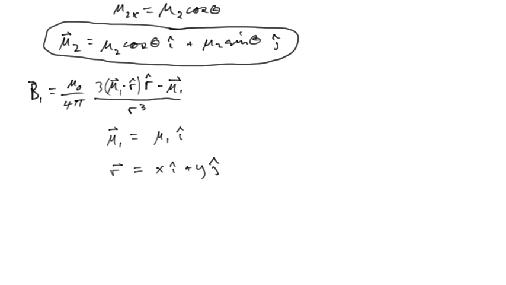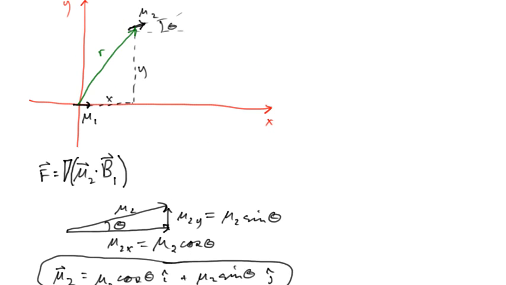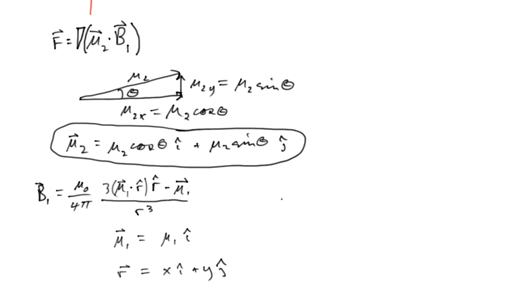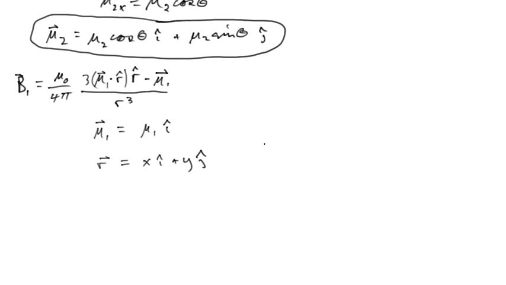In other words, to get from particle number 1 to particle number 2, you go x in the plus x direction and the distance y in the plus y direction, so it'll be x times i hat plus y times j hat, which is just what I wrote. And the magnitude of that, R mag, is square root of x squared plus y squared.